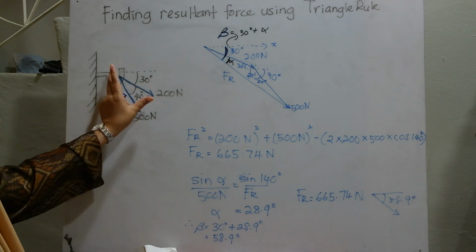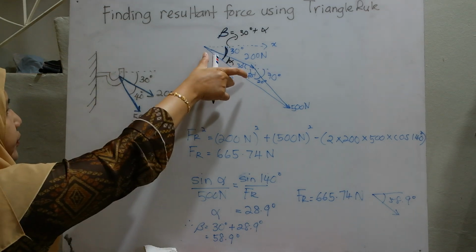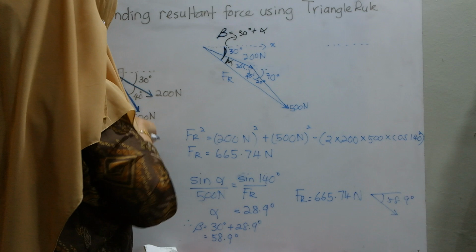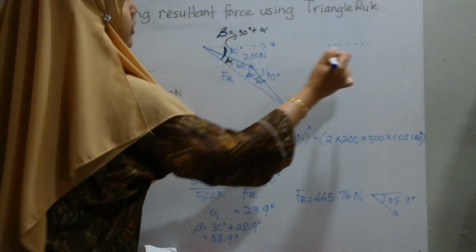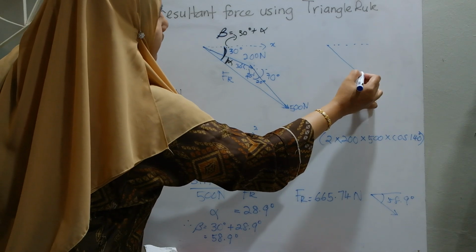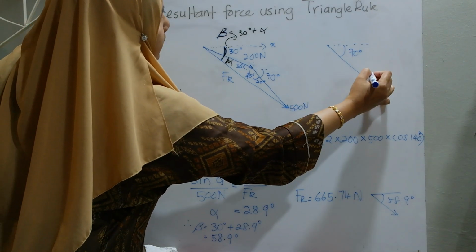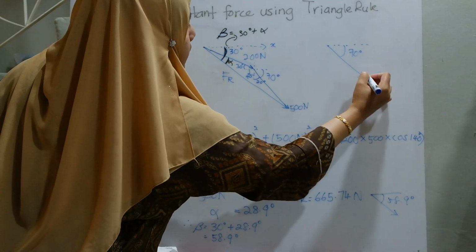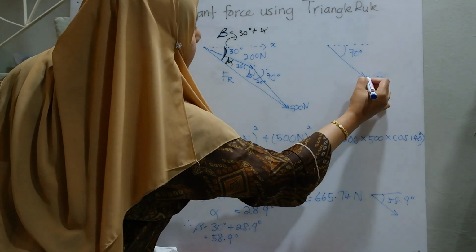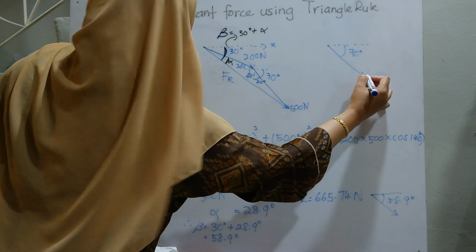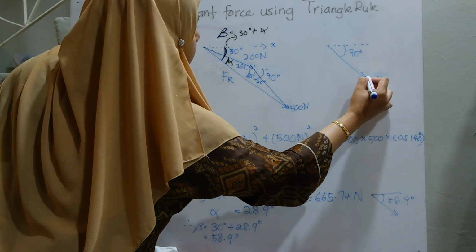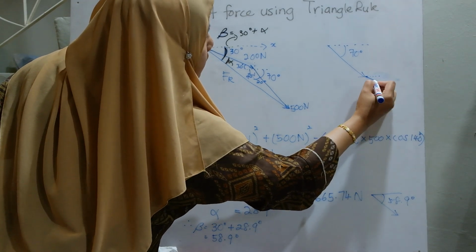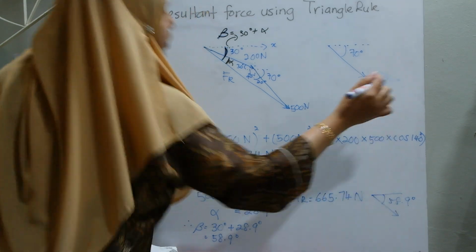You can pick this 200 Newton force as your starting point, or you can do it the other way: use the 500 Newton force with the angle of 70 degrees, and then add the 30 degree force like this.